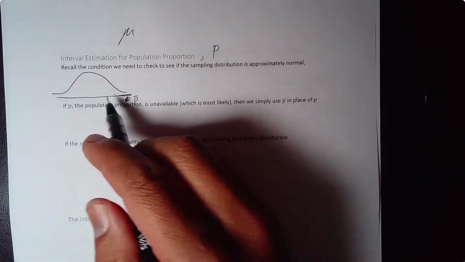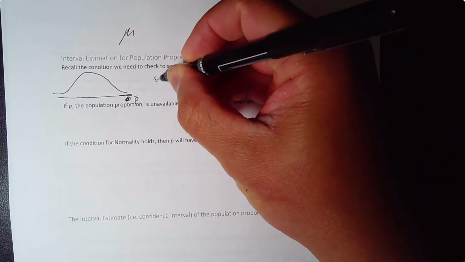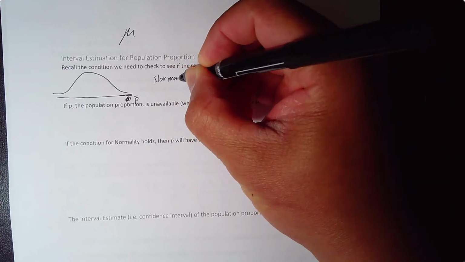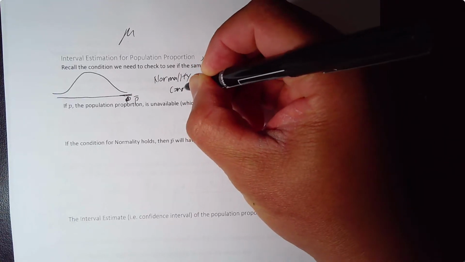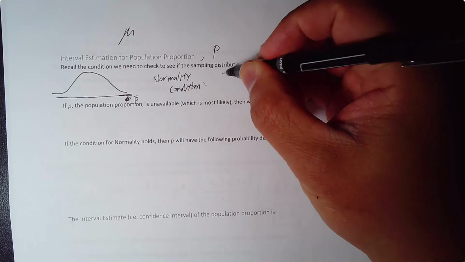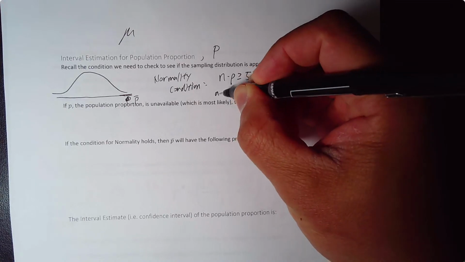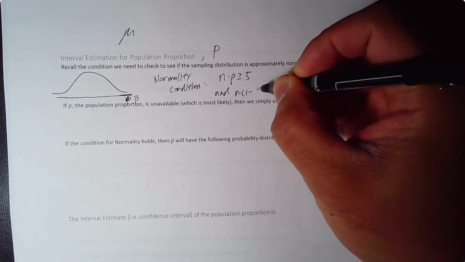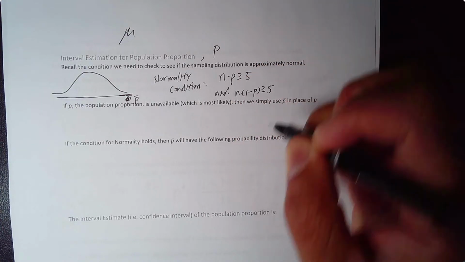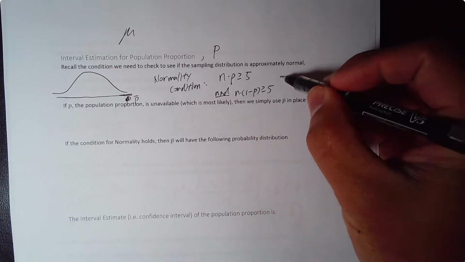In this case, let's call it the normality condition: n times p is greater than or equal to 5, and n times 1 minus p is greater than or equal to 5.